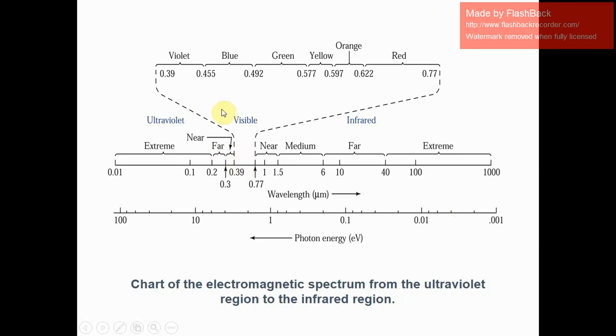Based on the wavelength there are different colors, violet, blue, green, and based on these wavelengths different types of laser materials are developed for different colors. So this is a very good example of a semiconducting device for laser.